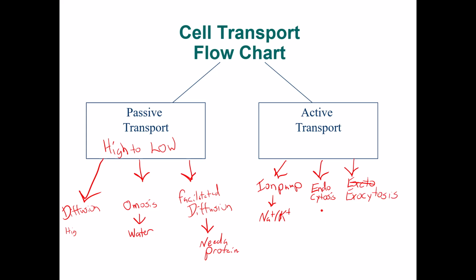All right. So endocytosis, we have two. We have pino and phagocytosis. All right. Remember liquid, solids. All right. And exocytosis is just out of the cell. Could be secreting hormones, waste, other things like that.